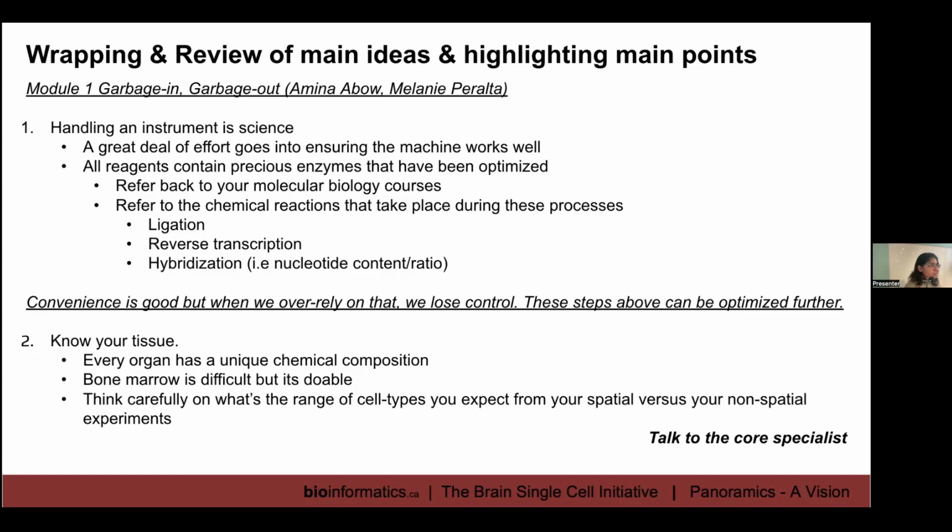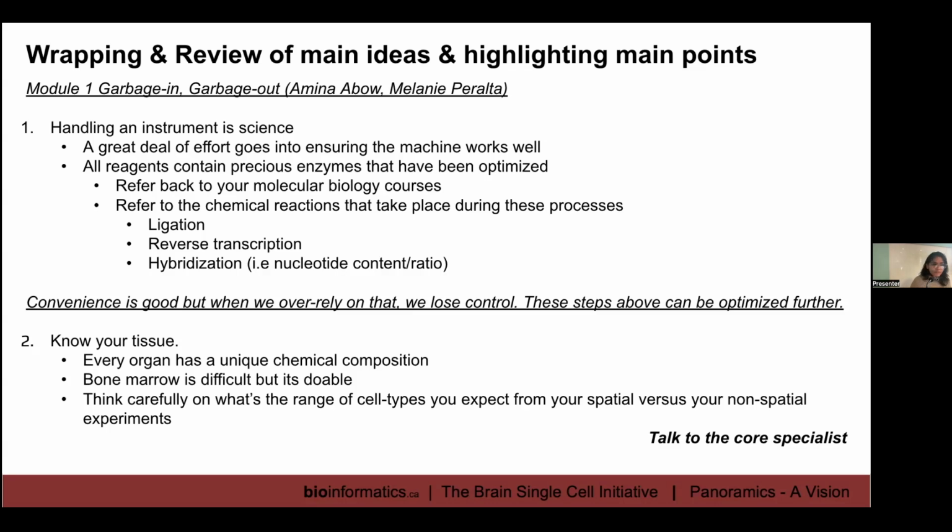A lot of things can go wrong with the instrument that can give you data that is just spurious. And there's a lot of effort that goes into all those little reagent packs that 10x sells you, or any company sells you.